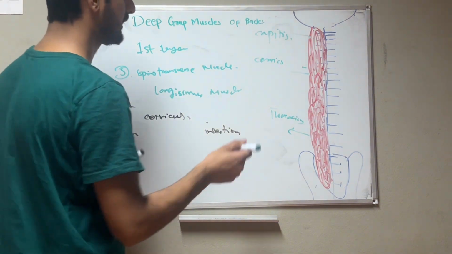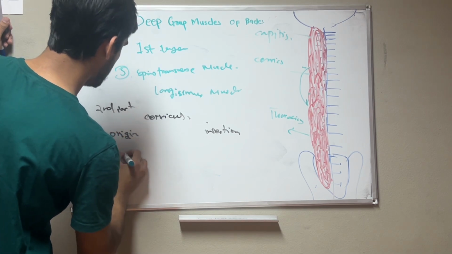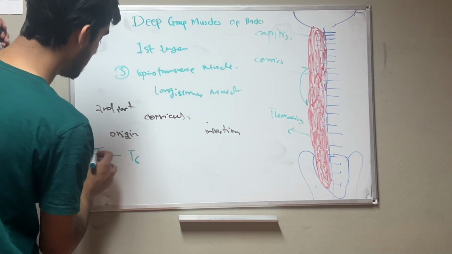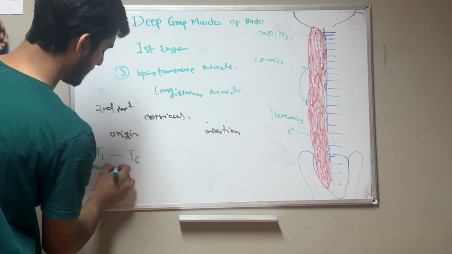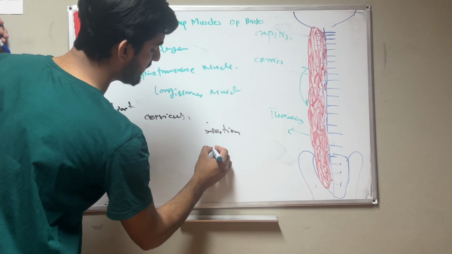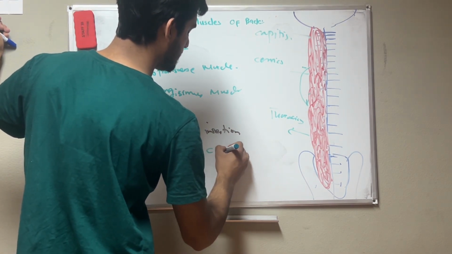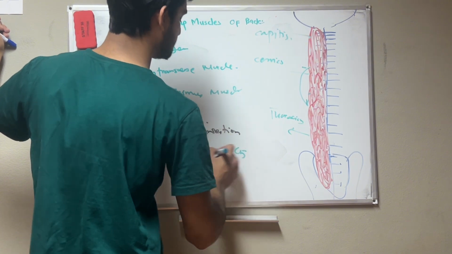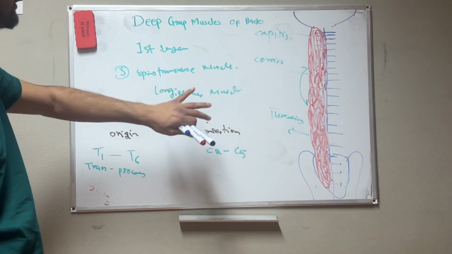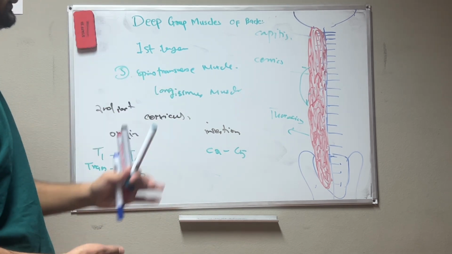Origin is very simple: from the transverse process of T1 to T6, sorry, transverse, here it is different, and it inserts into C2 to C5 transverse process. These are the origination of the second part, longissimus cervicus.